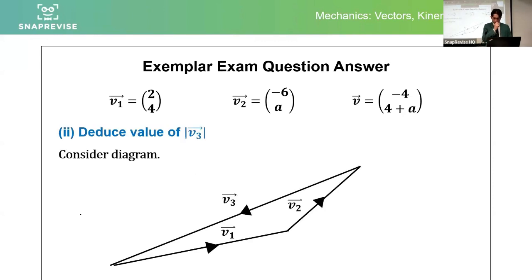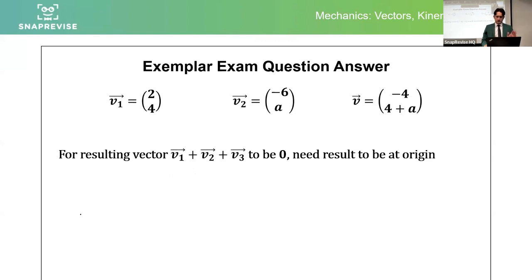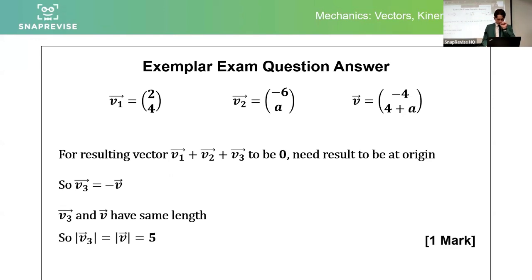So now for the third part, considering the diagram, we know the resultant, and we're also told that the sum of these three vectors is 0. So effectively, V3 must be the negative of the resultant that we just worked out. So it's actually not as bad as it maybe first looks.